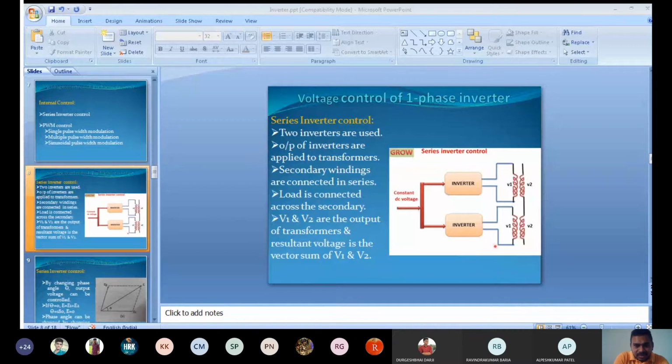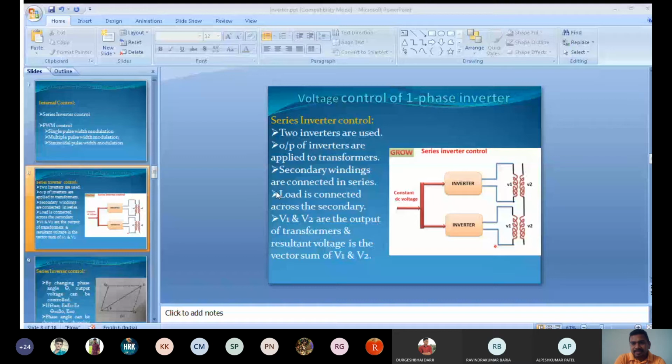So here what happens, look at this waveform. Here is the carrier signal, and at this point the carrier signal becomes equal to the reference signal. So when the carrier signal becomes equal to the reference signal, at that time the pulse is generated.